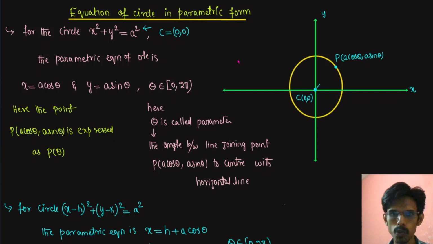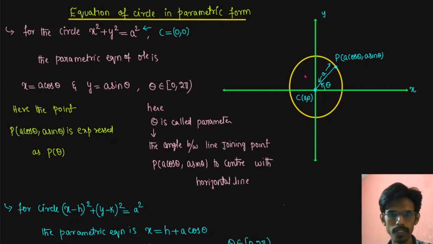Now join these two, C to P. This is the line joining the point to center with the horizontal. So horizontal is x axis here, this will be the theta, that is the parameter. Here the radius is a, since it is in the form of x square plus y square equal to r square form, so the radius is a here.